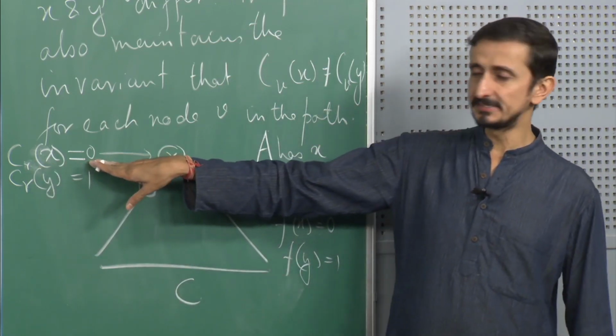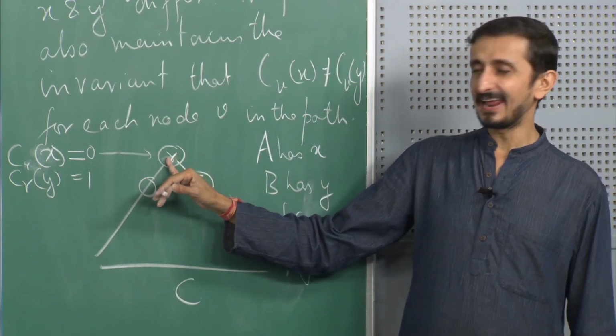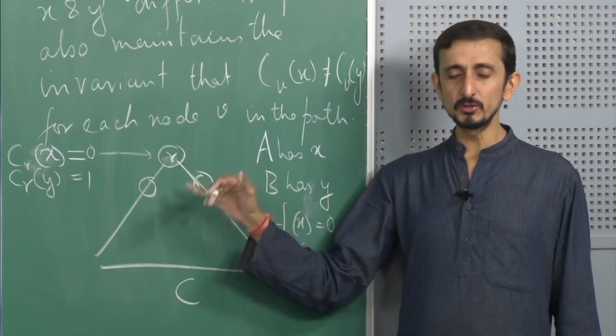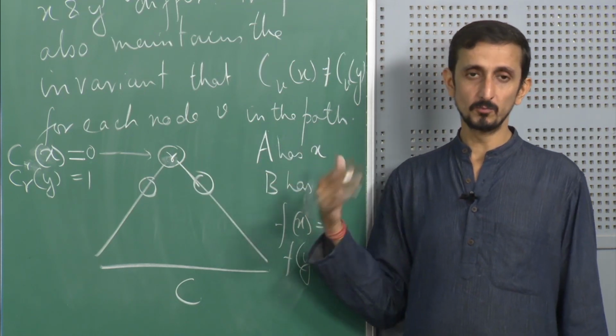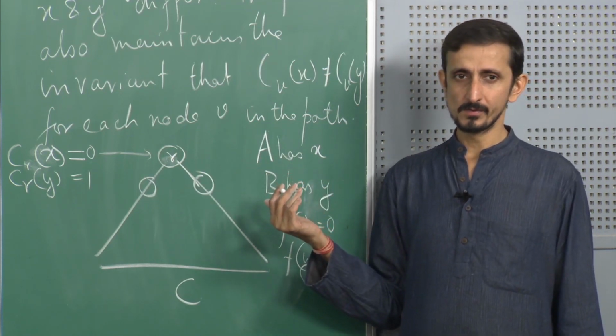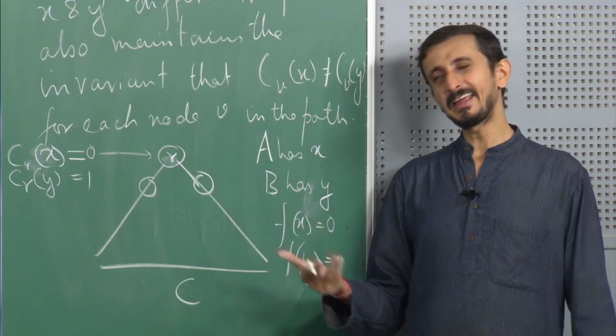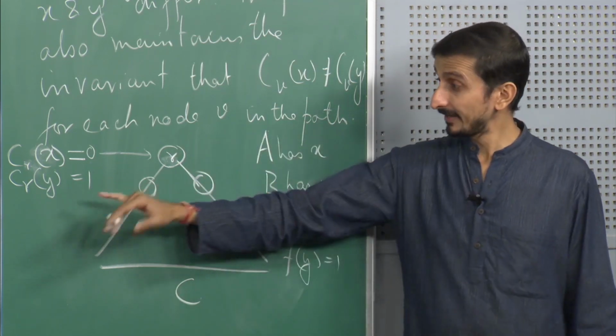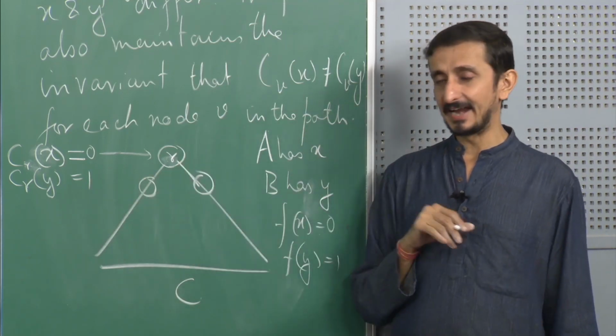CR of x is 0. If R is an AND gate, what does it say about the inputs to an AND gate which output 0? It can be anything. It can be that both are 0 or one is 0 and the other is 1. What can we say about y if R is an AND gate?